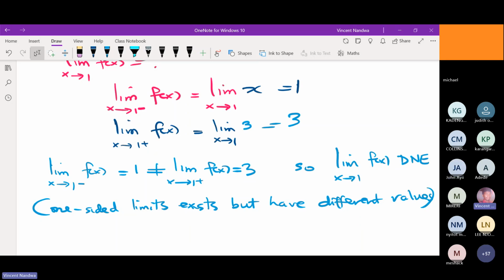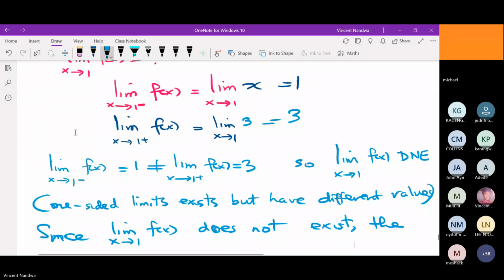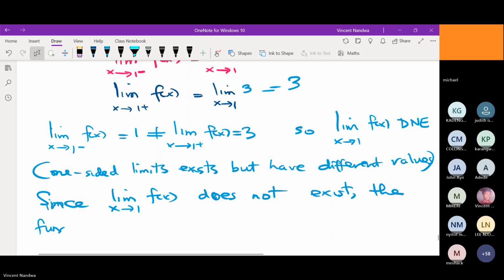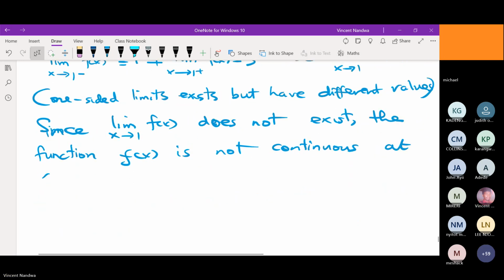No. So since limit of f of x as x approaches 1 doesn't exist, the function f of x is not continuous at x equals to 1.